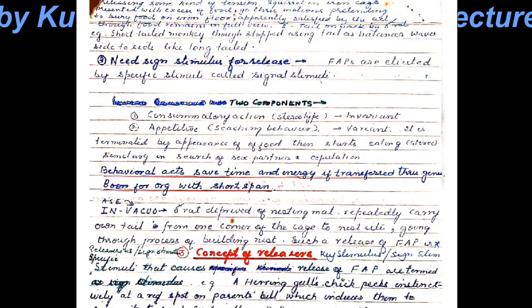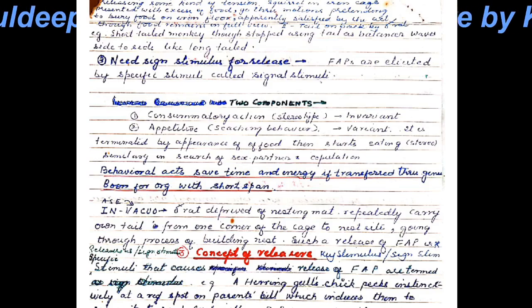which we call egg rolling behavior. Another example is the herring gull's funny ritual during feeding. The herring gull chick performs a very funny ritual when the parent comes to the nest. The parent gull has a red spot on the beak, and when it taps it on the ground, the chick pecks the spot several times.